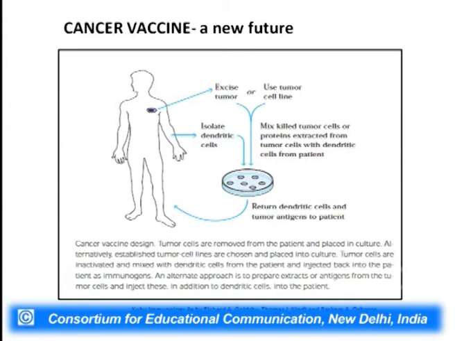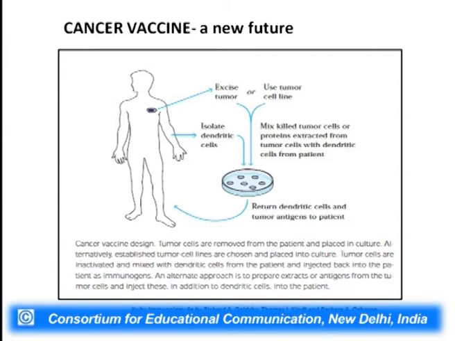Then we mix the killed tumor cells, or the protein extracted from the tumor cells, with the dendritic cells from the same patient. And then these dendritic cells having the killed tumor cells are returned as an antigen and are vaccinated back into the same human.